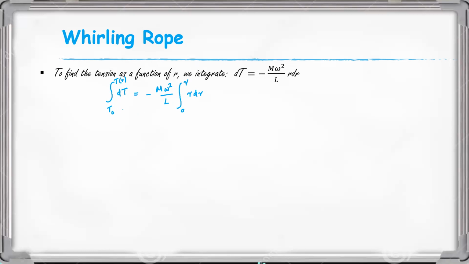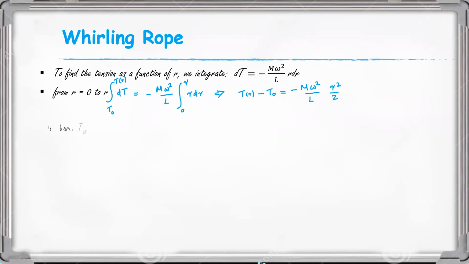When we integrate, it is obtained as T of r minus T0 is equal to minus m omega square divided by L into r square divided by 2.